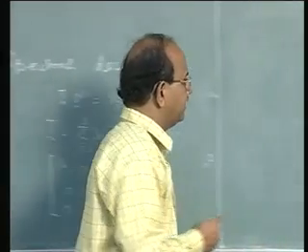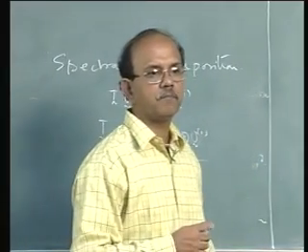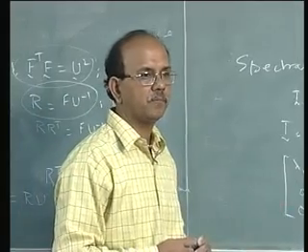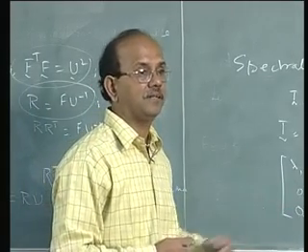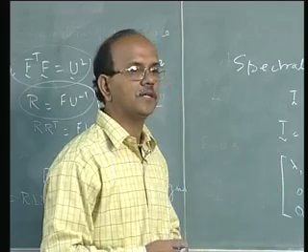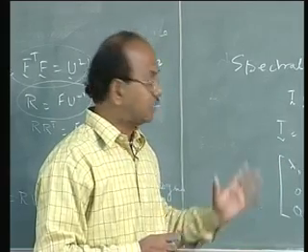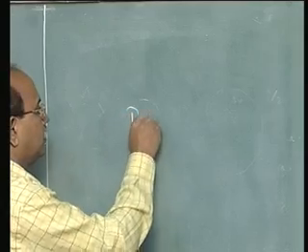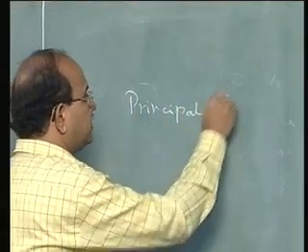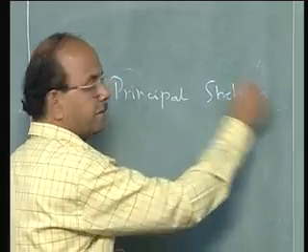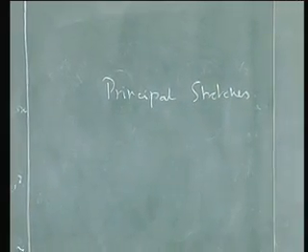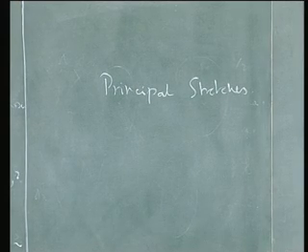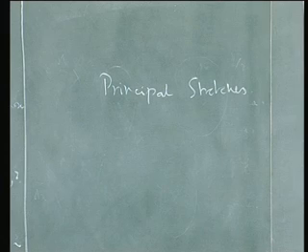So now the point is that having so many tensors, is it possible to get their eigenvalues and use that for any of this analysis? That is what is done in many cases, and many of the analyses are based on what are called principal stretches.